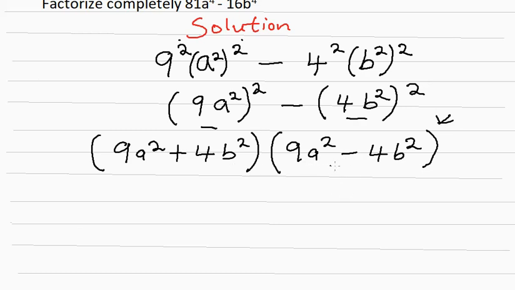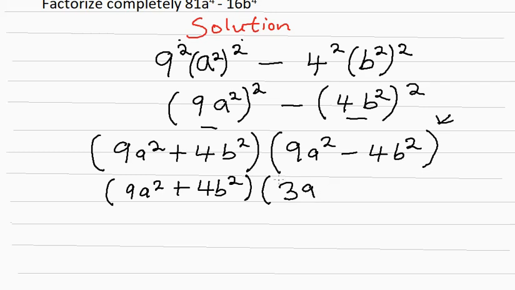Looking at the second bracket, you can see it can also be expressed as a difference of 2 squares. So I have 9a square plus 4b square. You know very well, any question you're simplifying, you have to simplify it to the lowest term. So this right here is the same as (3a) all square.